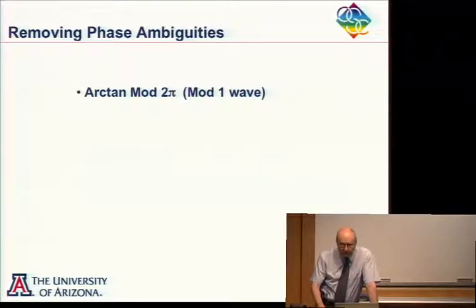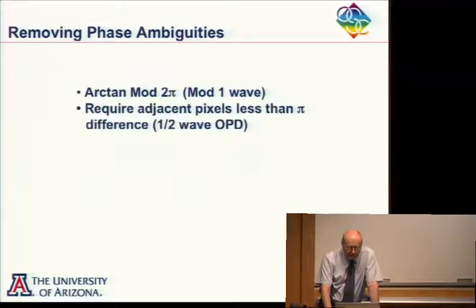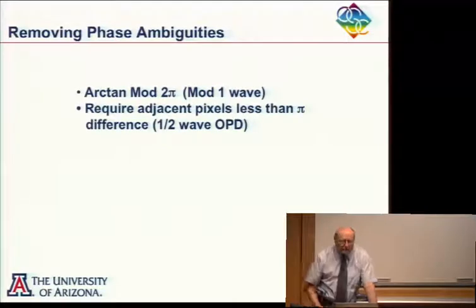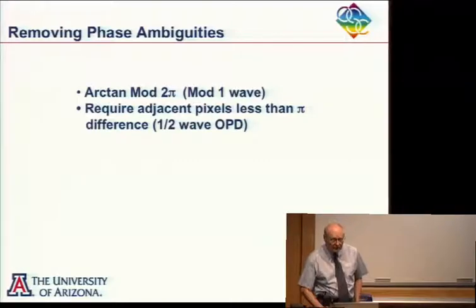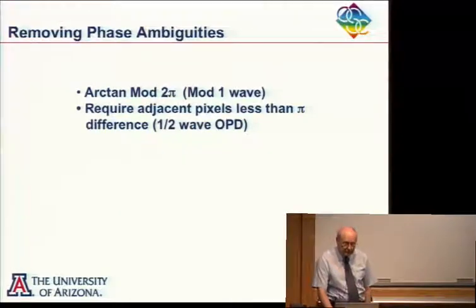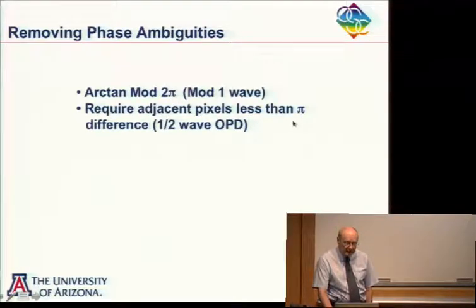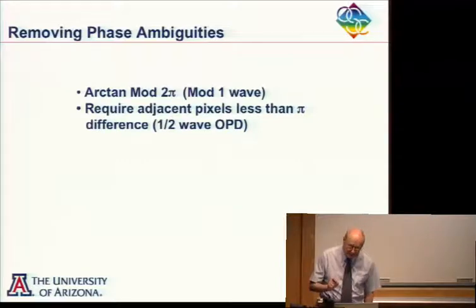The problem here, as I said, is that I'm measuring the phase only over a range of 2 pi. So now I'm going to have to put a restriction on how fast the phase changes. This turns out to be a headache that we're going to see a few times this semester. I'm going to require that between adjacent detector pixels, the phase changes by less than pi.